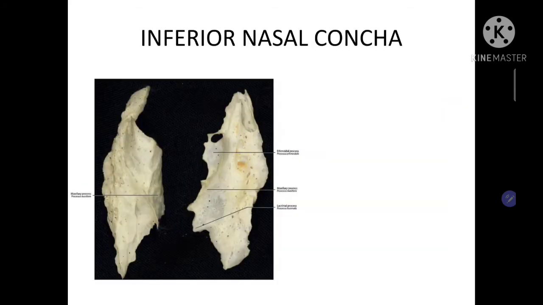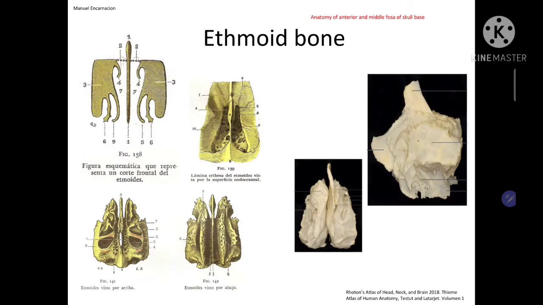Now the ethmoid. You see the ethmoid bone has 2 parts, let's say 2 big surfaces. One endocranial and the other one extracranial. The endocranial part is the anterior floor of the skull base. You see we have the crista galli here, we have the lamina cribrosa here.